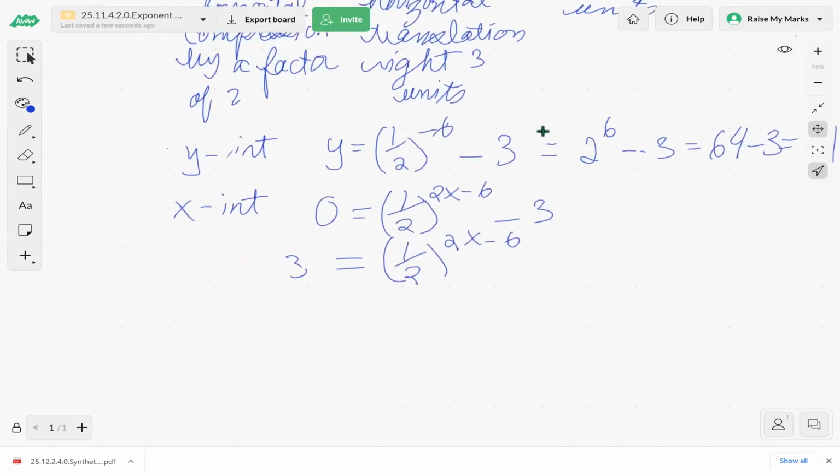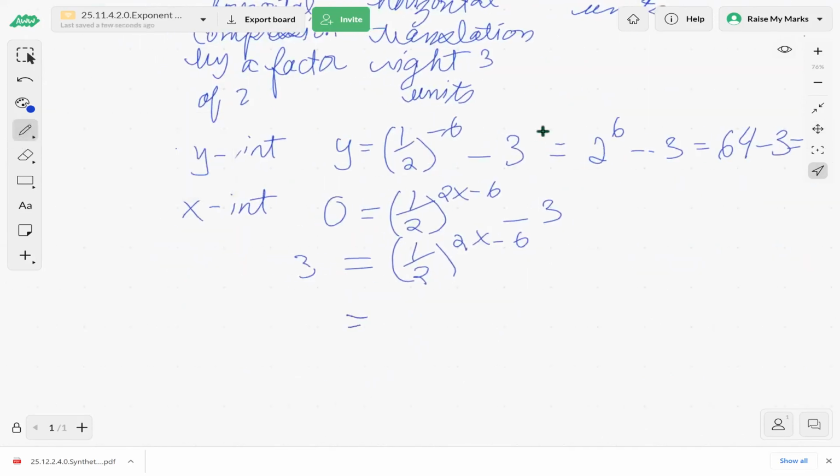Or before doing that, we can rewrite the right-hand side so we don't have a fraction as a base. We have 2 raised to the power negative 1, all raised to the power 2x minus 6. So we get 2 raised to the power 6 minus 2x.